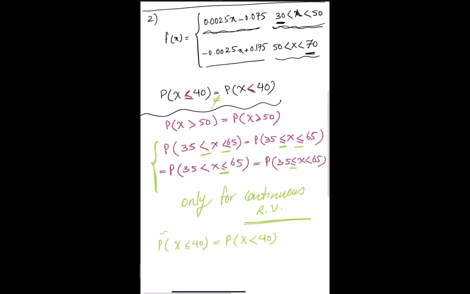Okay, however, here 40 is the value that falls in the first range for the random variable x. So if I want to find this probability, I have to use this probability density function. So that is equal to the integral from the lower bound, which is 30, to x equals 40. So the upper bound is 40.